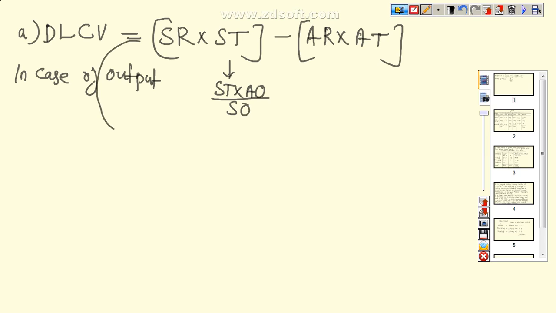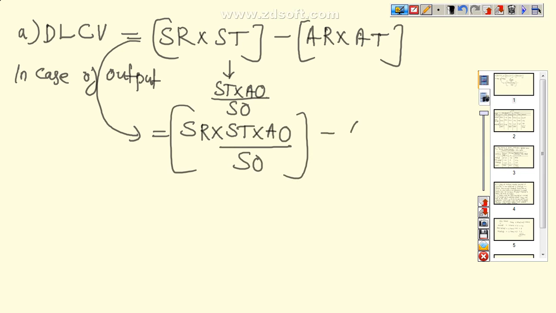So we change this equation: standard rate multiplied by standard time into actual output upon standard output, minus actual rate multiplied by actual time. We make these changes if any output is given in the question. Wherever standard time is there in the main equation, there we have to change the standard time to standard time multiplied by actual output upon standard output.